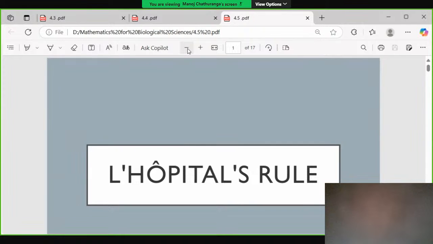Now, this person, L'Hopital, he was in, I think, somewhere in the 1600s or 1700s. No, later than that, 1700s or 1800s. So he found a way for going back.